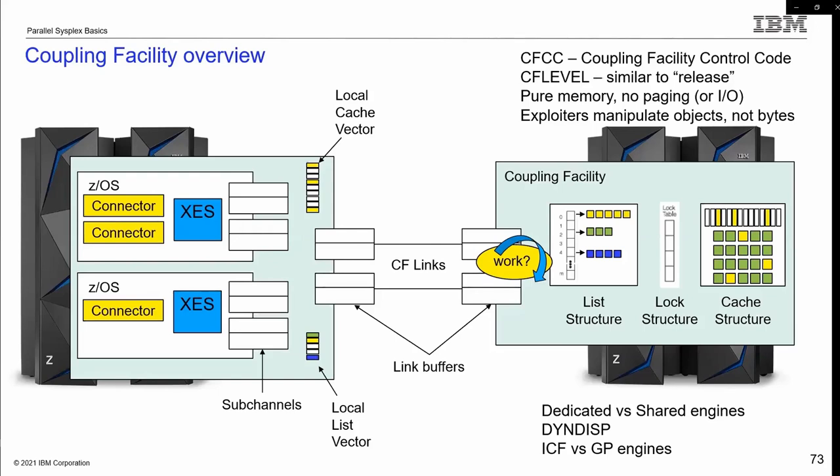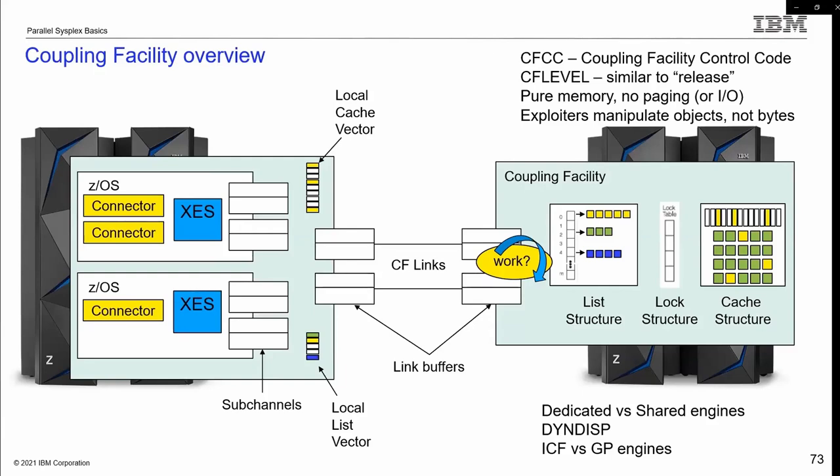And lastly, a cache structure. A cache structure allows high-performance sharing of frequently referenced data as opposed to a much slower data access on disk. So typically the way caching works in this environment is that these connectors are going to keep an in-memory copy of the cache represented by the CF structure.